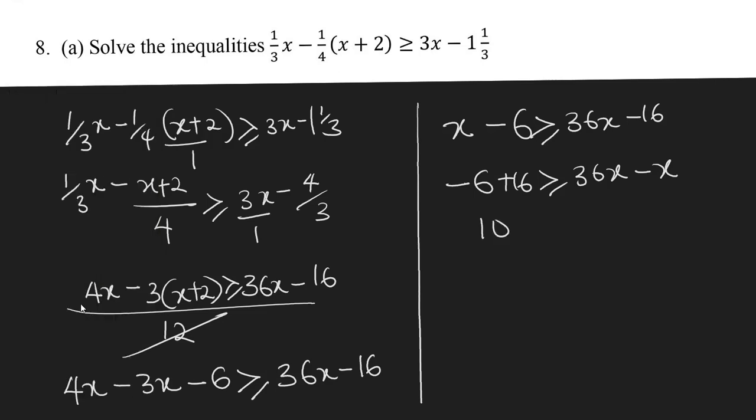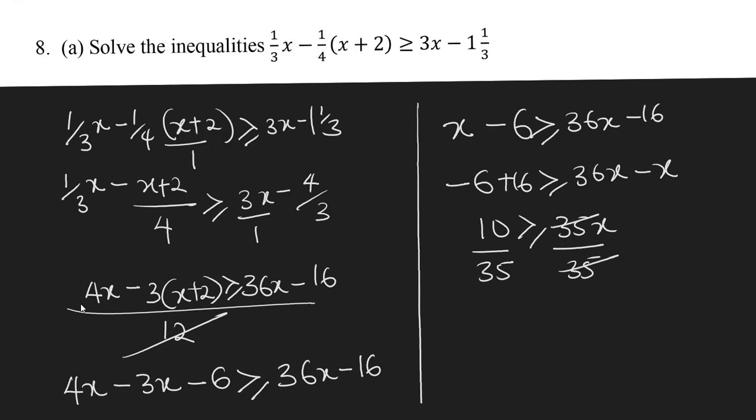Then we have greater or equal to 36x minus x, which is going to be 35x, just like 36 cows minus a cow gives us 35 cows. So divide both sides by 35.